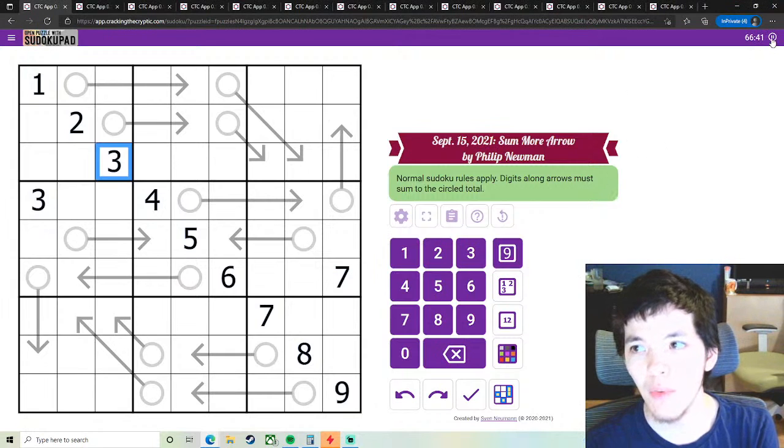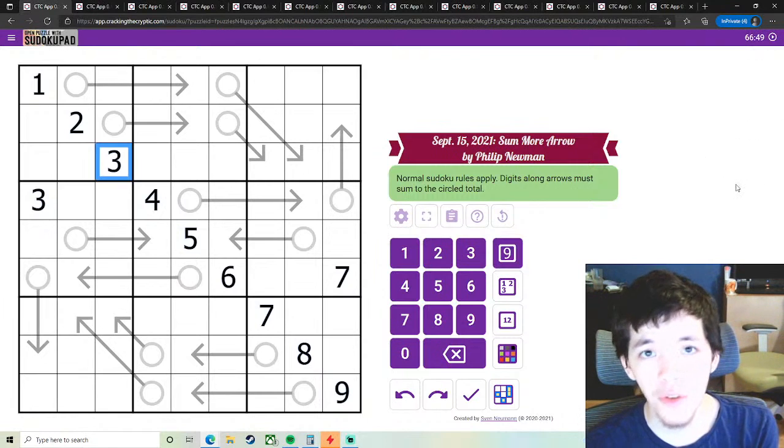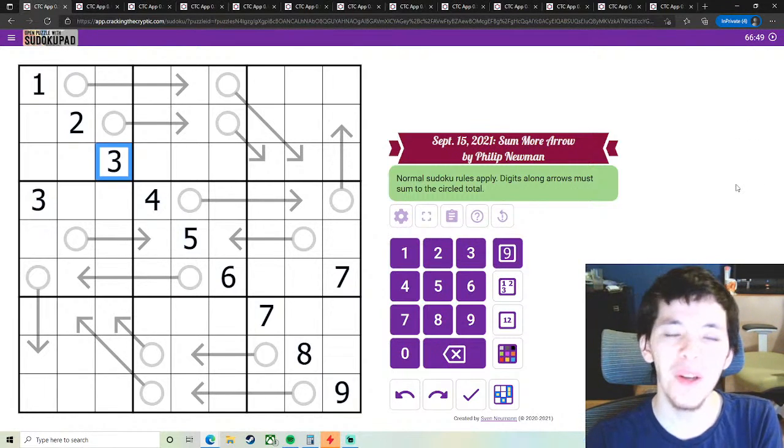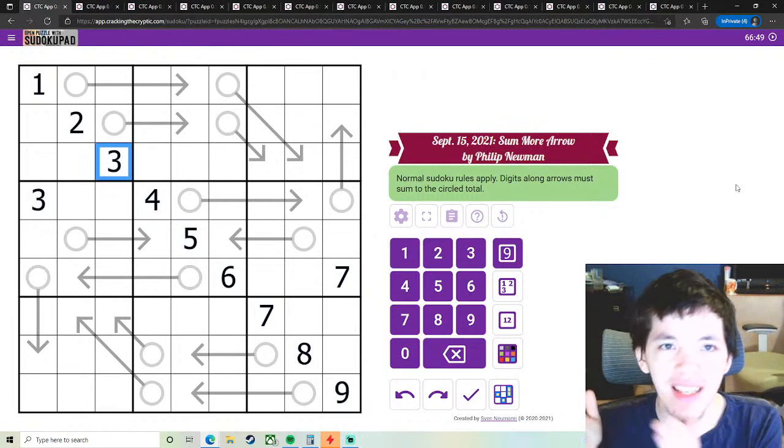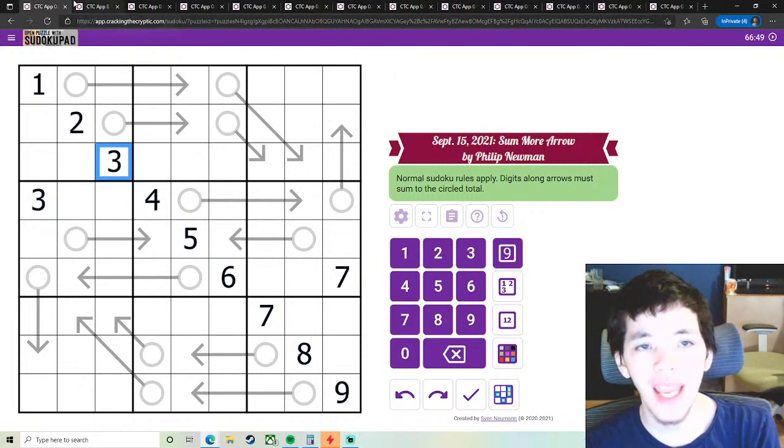There's also a timer if you're interested in seeing how long it takes you to solve the puzzles. I often forget the timer's even on, or I'll pause it to go do something and forget to resume. So only sometimes have I actually managed to see how long it really takes me to do certain puzzles, but it varies.